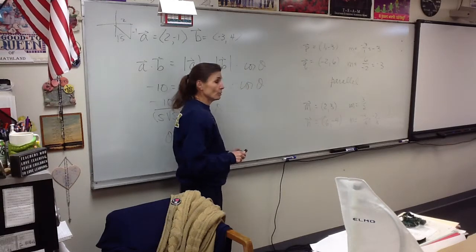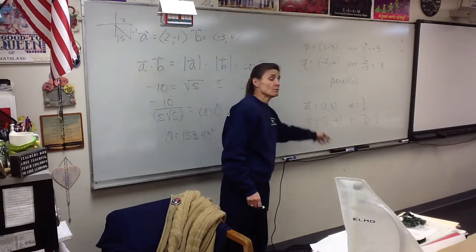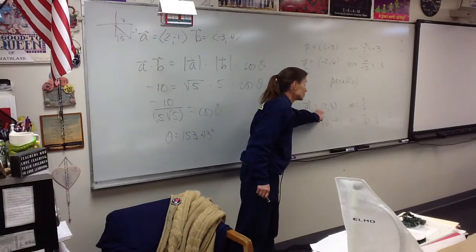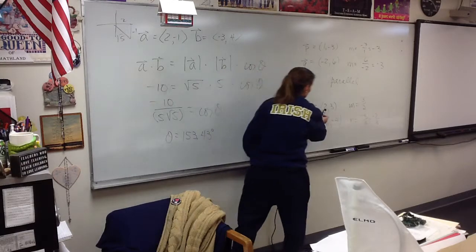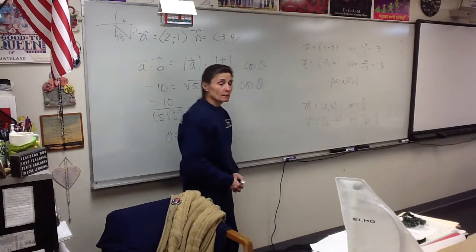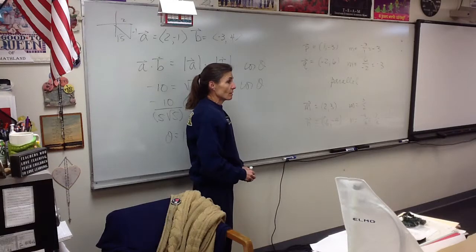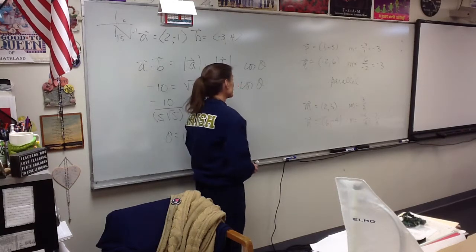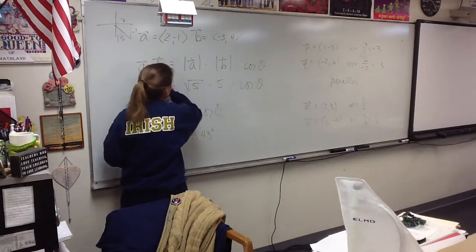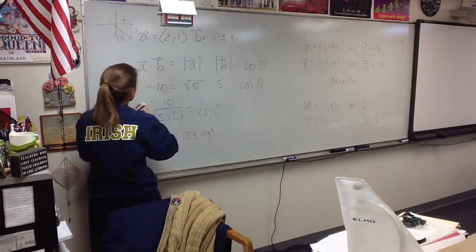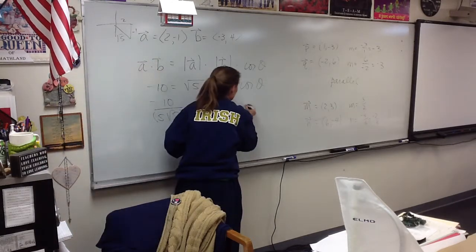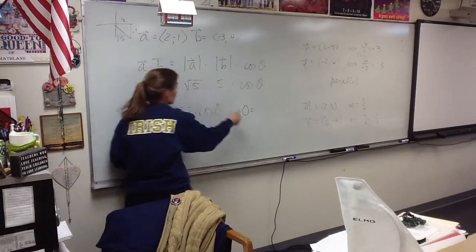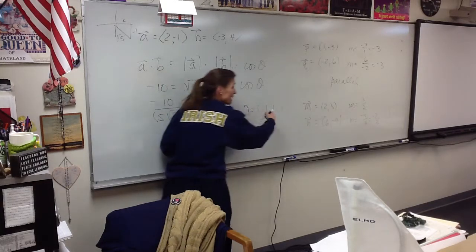Because I want you to think about what happens when you do the dot product of these 2 vectors. What's the dot product of these 2 vectors? It's 0, right? Now I want you to think about this equation right here. If you put a 0 in for the dot product, would it really matter what these 2 magnitudes were?